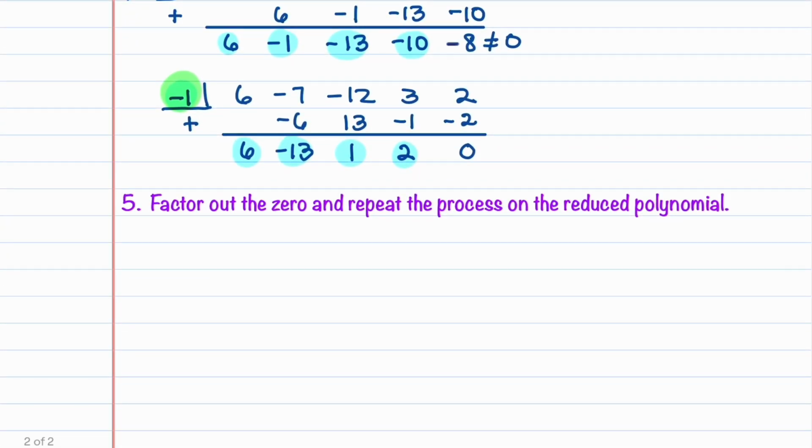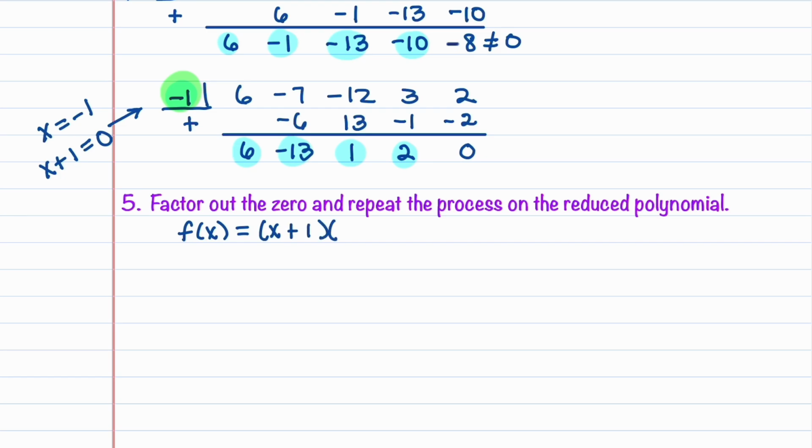Since we found a 0, what we're going to do now is factor this 0 out and get our reduced polynomial. Let's make a note up here that this means that x is equal to minus 1, so our factor is x plus 1, because x plus 1 is equal to 0. Now we can write f of x as x plus 1.